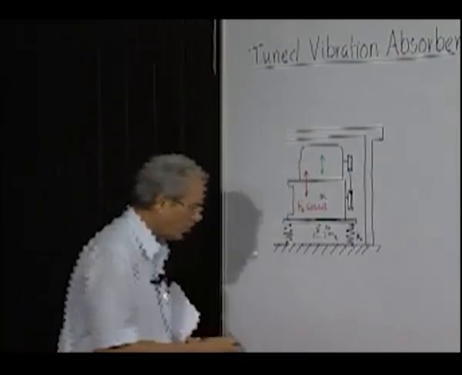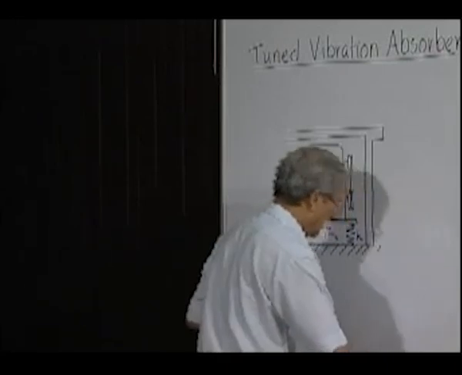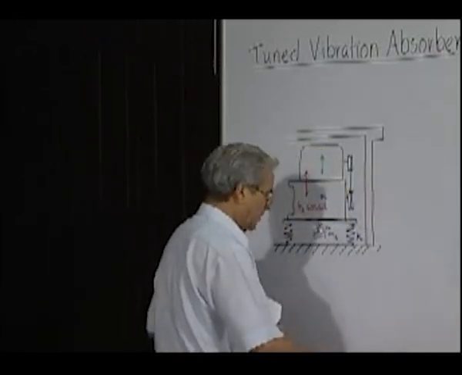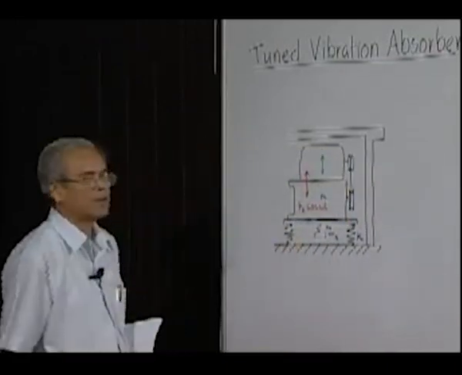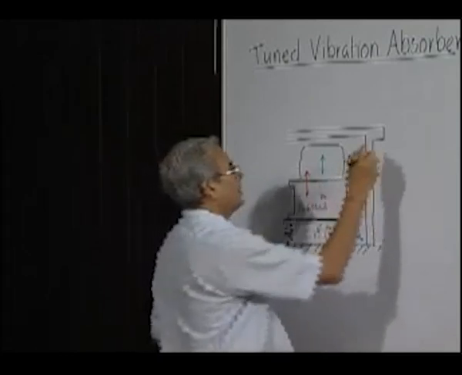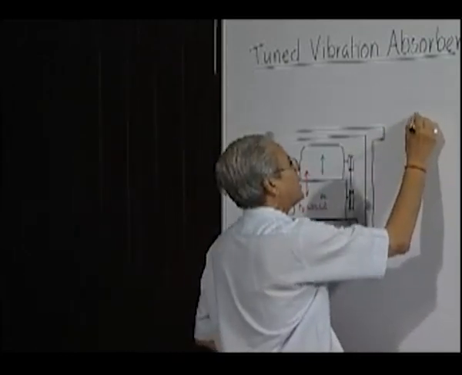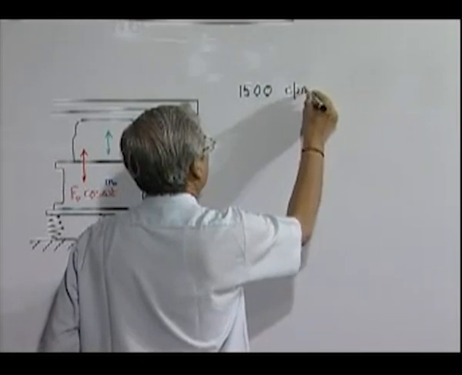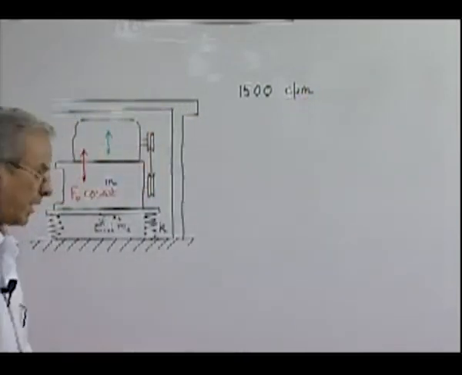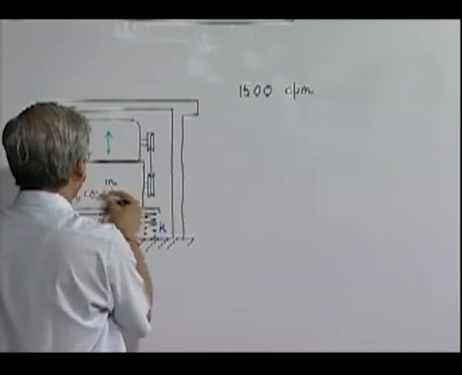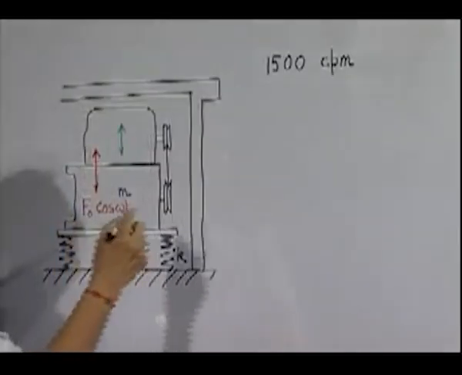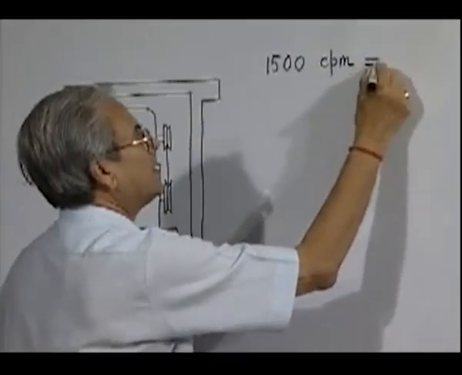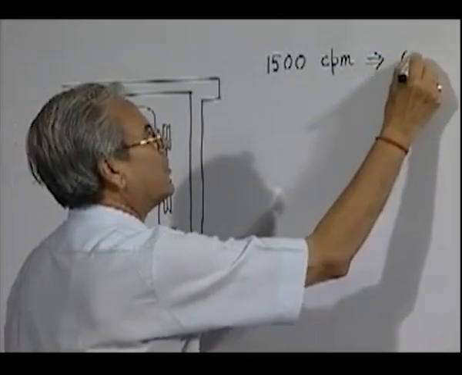So, what is given in this case is that the machine runs at its nominal speed of 1500 cycles per minute. You can easily find out the corresponding omega, and obviously the frequency of the force generated will be same, that means this relates to omega.